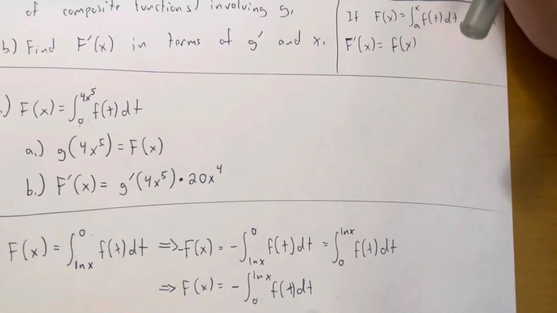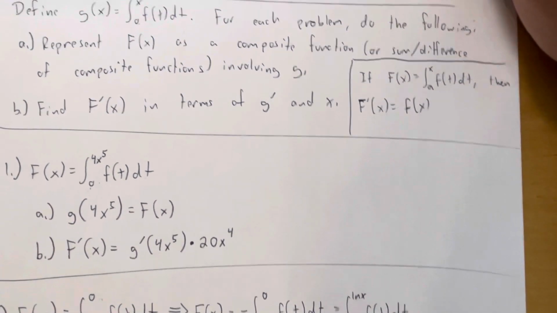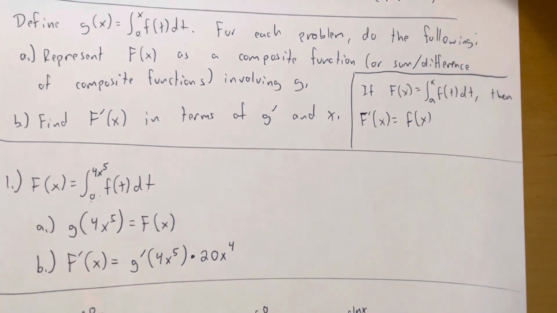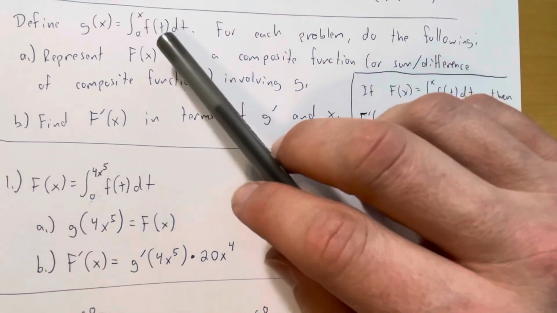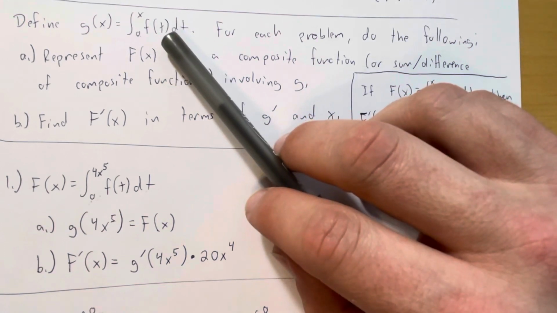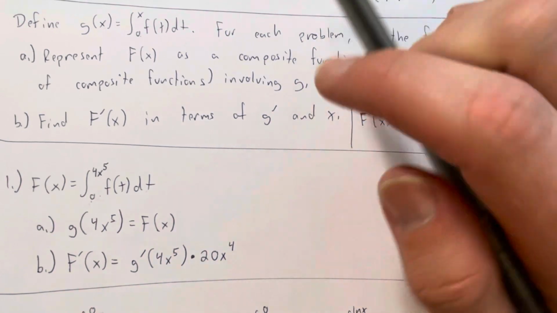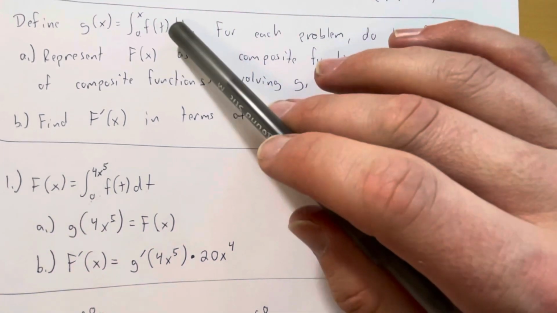Now, in the parent class, we go a little bit further than this. When we're dealing with the fundamental theorem of calculus part 1, instead of an f of t being shown here, you're going to have an actual function. So it'll say something like t squared plus 2t, whatever the function happens to be.